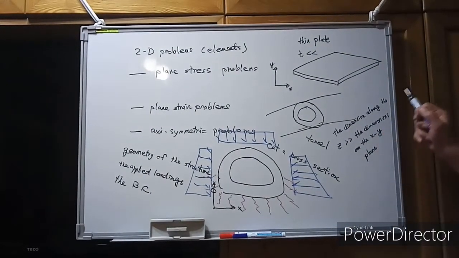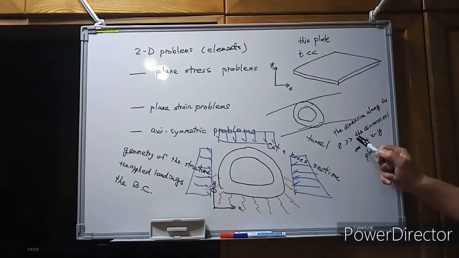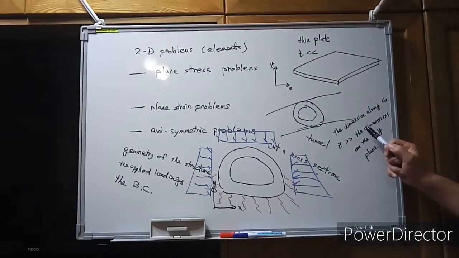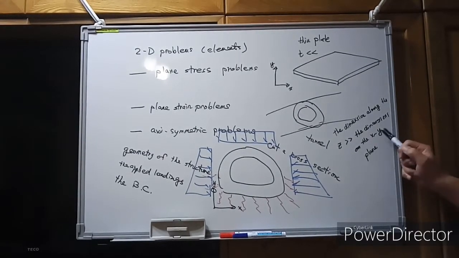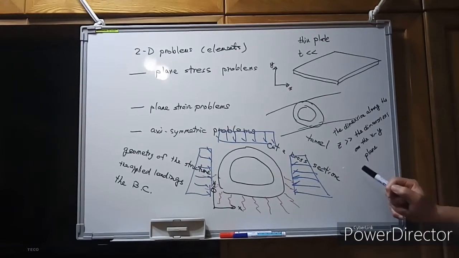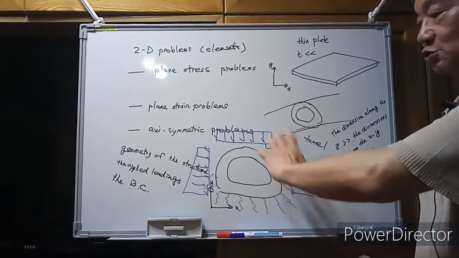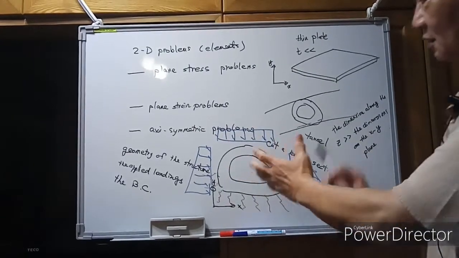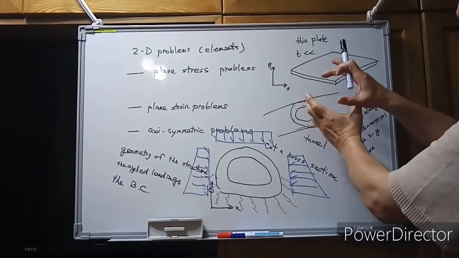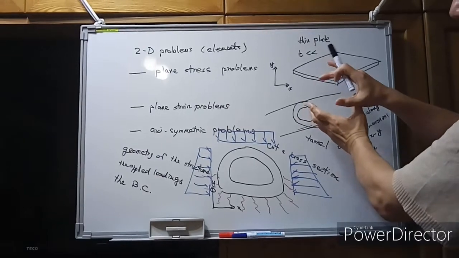The dimension along the z direction is much greater than the dimensions on the xy plane. The dimensions on the xy plane mean the dimensions of the cross section, which are relatively small.